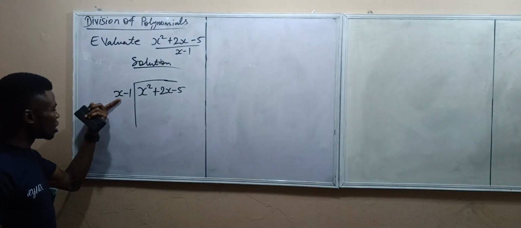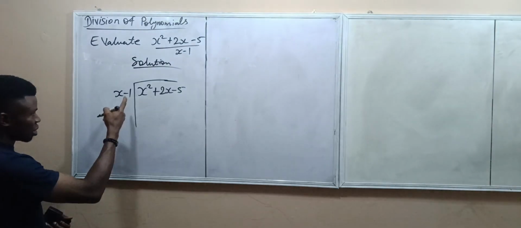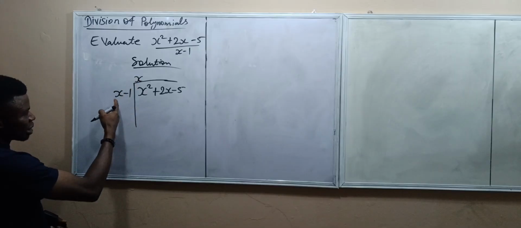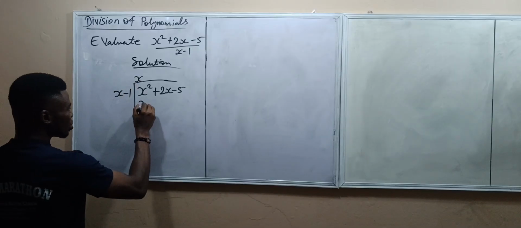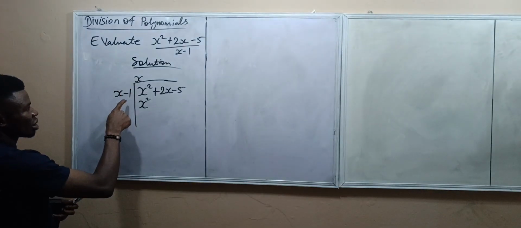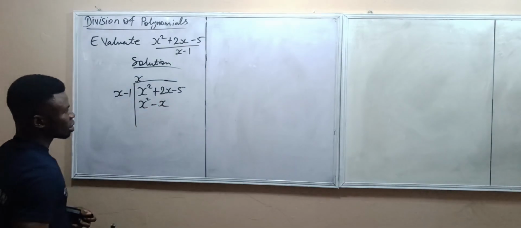And which is what? Which is x. If you multiply x times x, it gives you what? X squared. And now x multiplied by minus 1 will give you minus x.